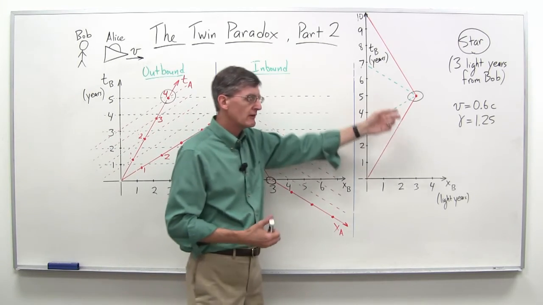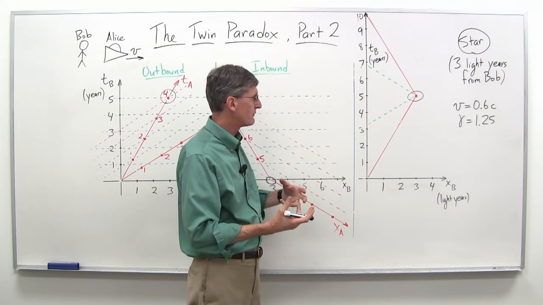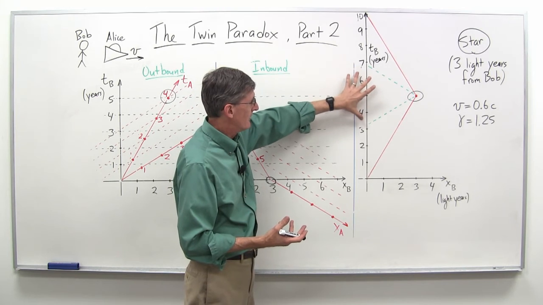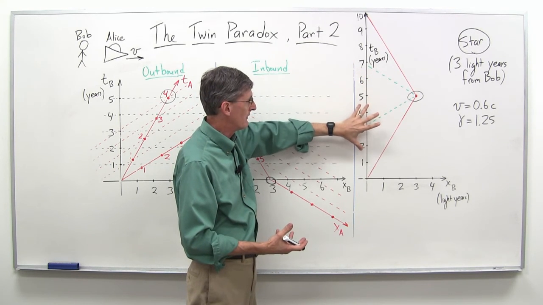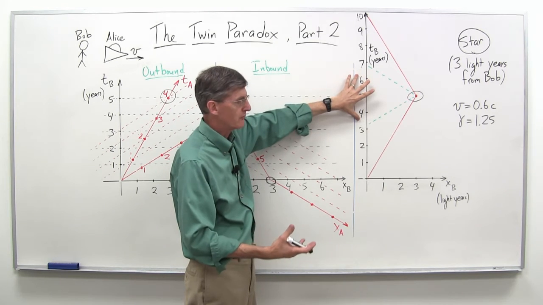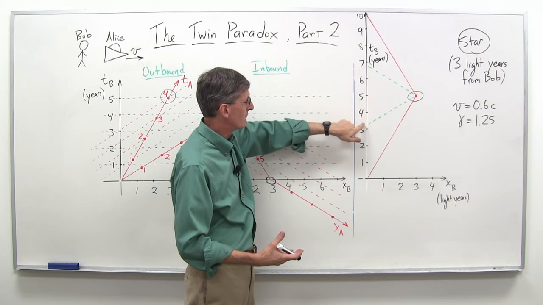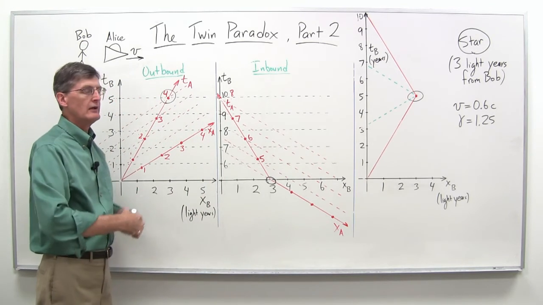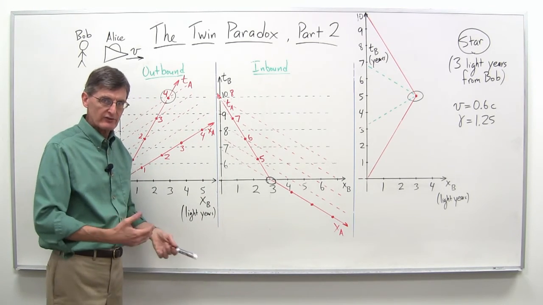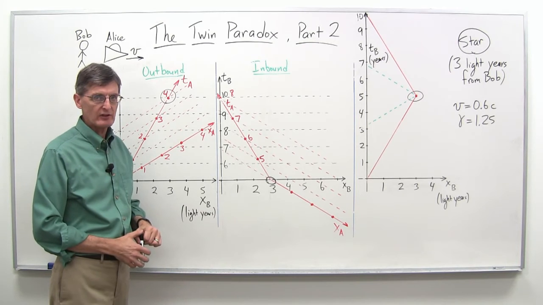But that turning around, the switching of frames of reference, is accounted for, because Bob's clocks from Alice's frame of reference jump from 3.2 to 6.8. So when she does get back, Bob has aged 10 years, and she has aged 8 years.